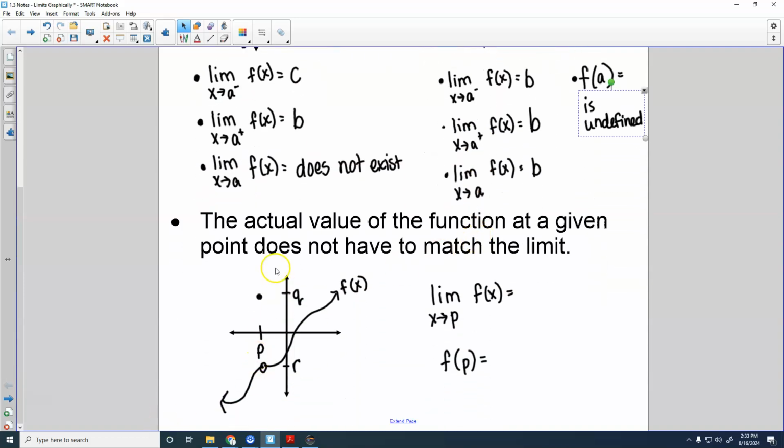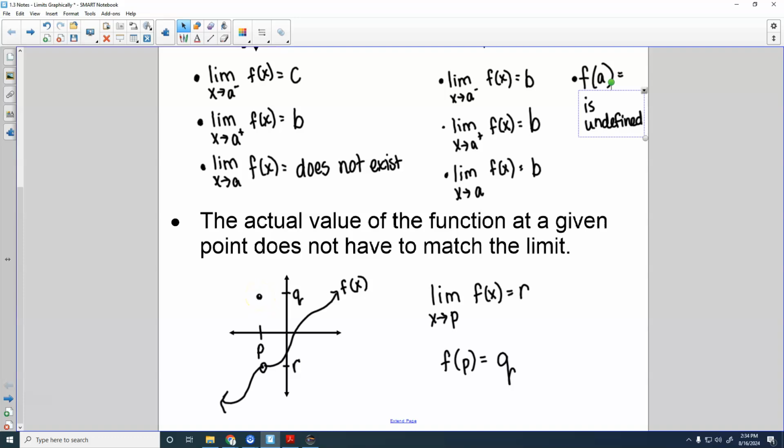Okay. Oh, I did this down here. That's why. So what is our limit as x approaches p of f of x? It is r. Very good. What is f of p? It is going to be q because of this little dot right up here that you probably didn't see.